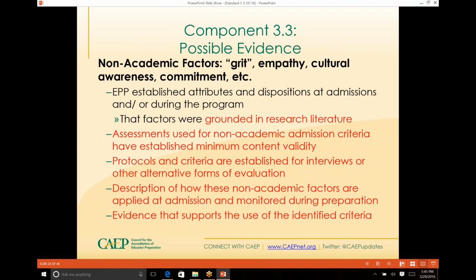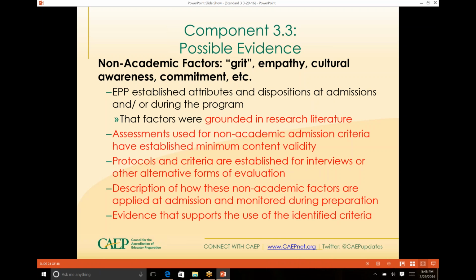You'll see a lot of red on this slide because CAEP has gotten a little bit clearer about what are some sources of evidence you could present. As you can see, those non-academic factors include grit, empathy, cultural awareness, commitment. And basically, CAEP is saying they hope that you're establishing some attributes and dispositions at admission and that these factors are grounded in the research literature. You've got a strong basis for having chosen this particular attribute or disposition, non-academic factor by which to be selective in terms of admitting candidates.